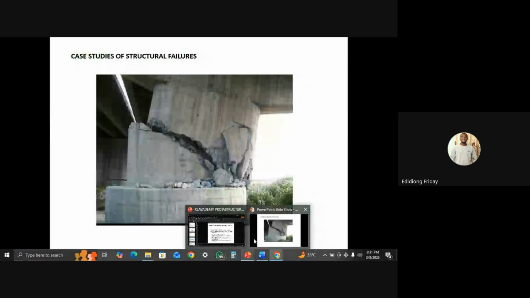appreciate everyone that contributed. We all made very vital points. As we all said, this is a sheer failure, and as we discussed earlier, it's a result of inadequate shear strength from the pier.